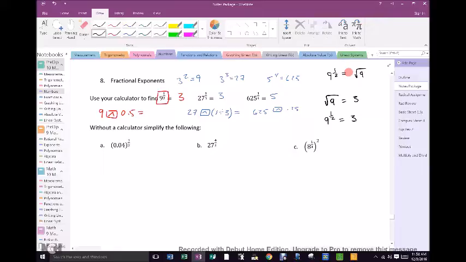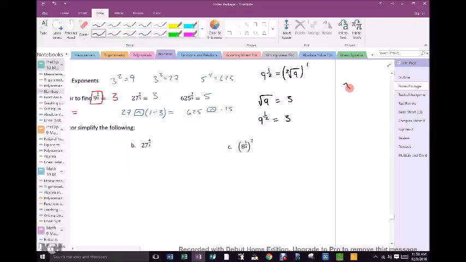What do you know about the index in square root of 9? It's a 2. What do you know about the exponent here? It's a 1. What do you know about the denominator here? It's a 2. What do you know about the numerator here? It's a 1.